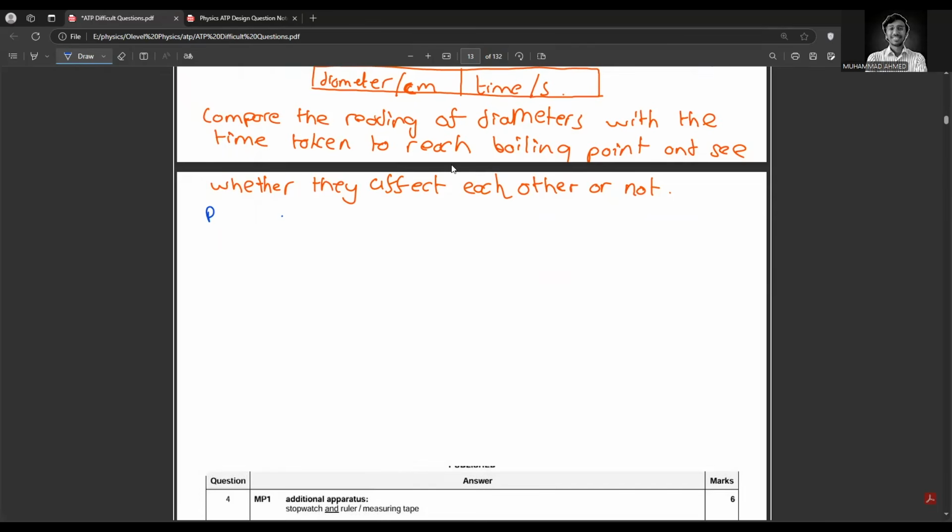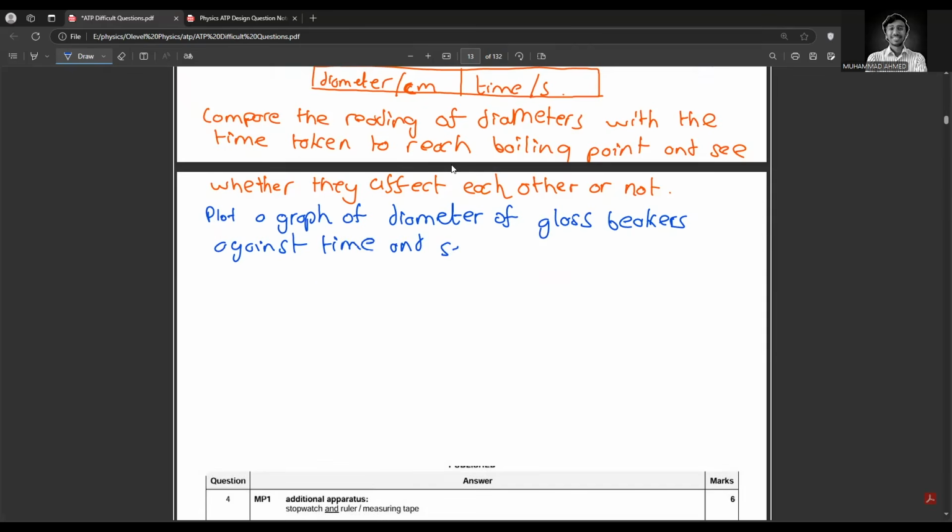You can say, plot a graph of diameter of glass beakers against time and see if there is a relationship between them. Simple as that. Let's see the marking scheme as well.